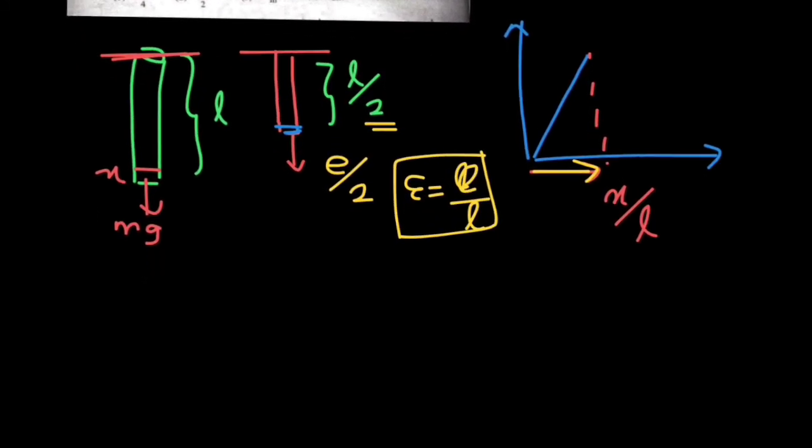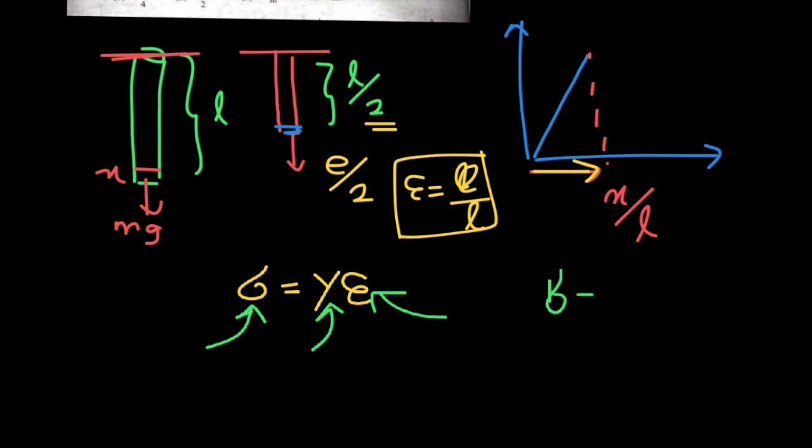We know the relationship: stress is equal to Young's modulus times strain. The strain is the same, Young's modulus is the same, therefore the required stress is also the same as before. That is, stress is force over area. We have mg over A in the first case. So in the second case, there is no change in the area. Therefore, the required force remained as mg.